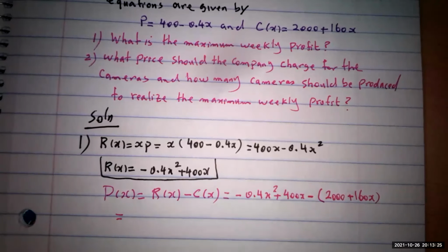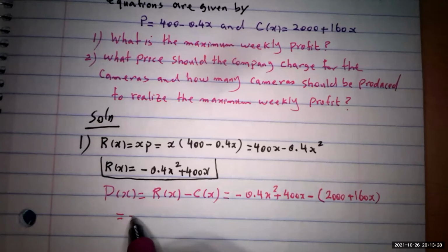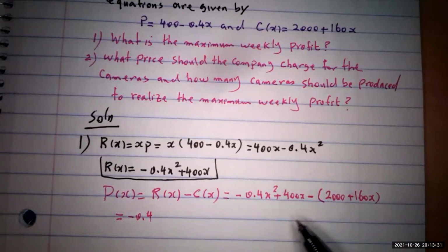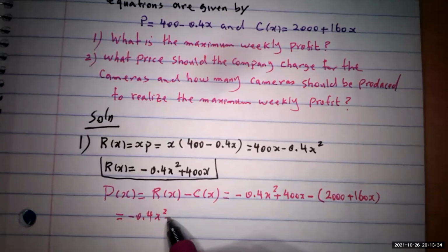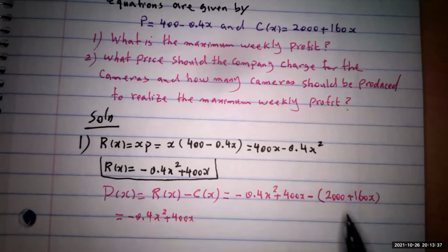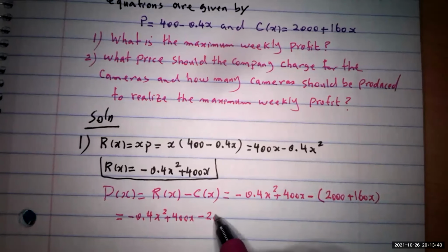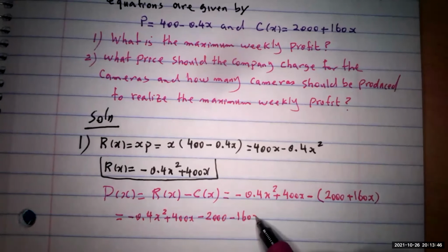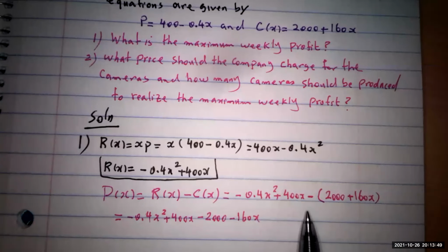So it's going to be equal to negative 0.4x squared plus 400x. Now apply this negative sign: minus 2000 and minus 160x. That's the one I'm talking about. You see this negative sign, you have to apply it twice. Any question? Combine the like terms. You have 400x and over here you get 160x.